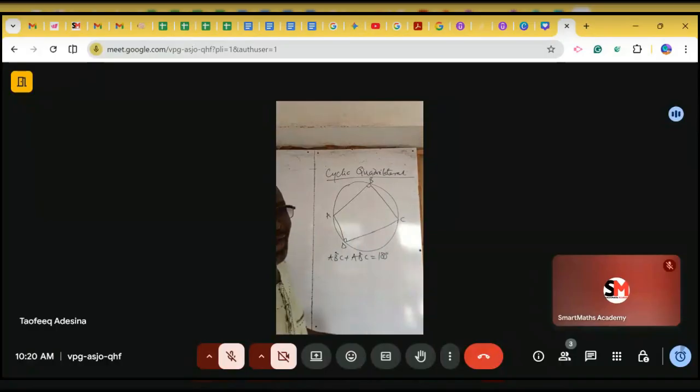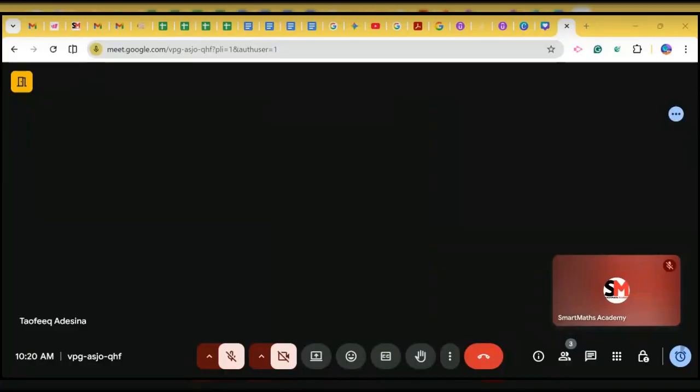What does the theorem now say? We have stated the theorem. The theorem says opposite angles of a cyclic quadrilateral are supplementary. Let me write it down.